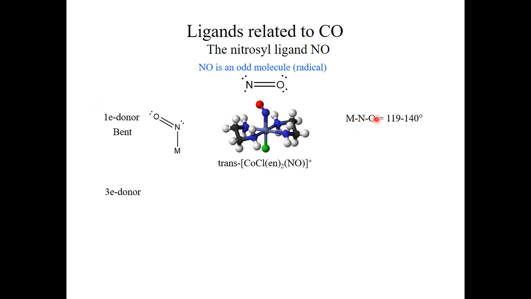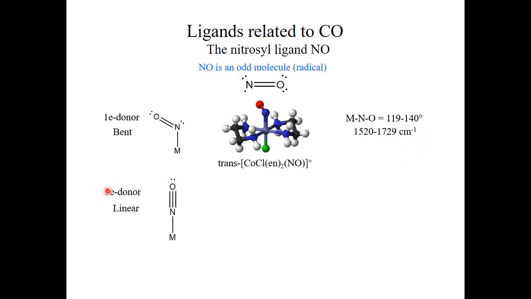So the M-N-O bond angle in this case is typically in the range of 120 to 140 degrees. We can also identify the nitrosyl ligand as a 1 electron donor by IR. This could be the typical absorption band, which is located at 1520 to 1729 wave numbers.